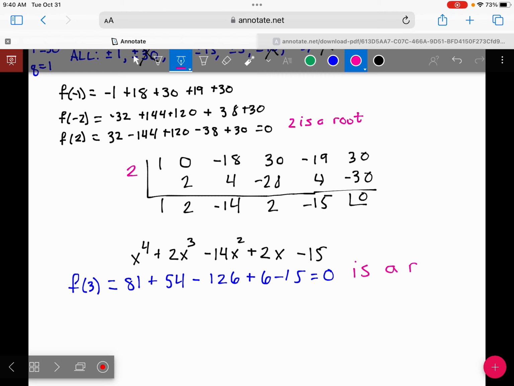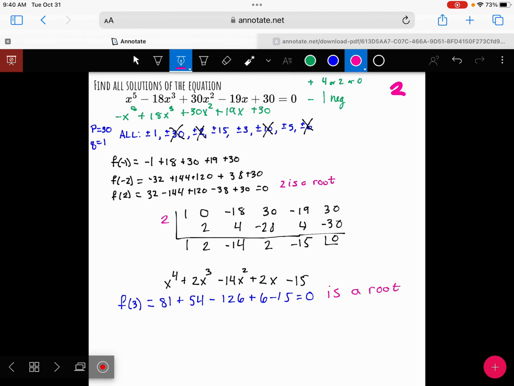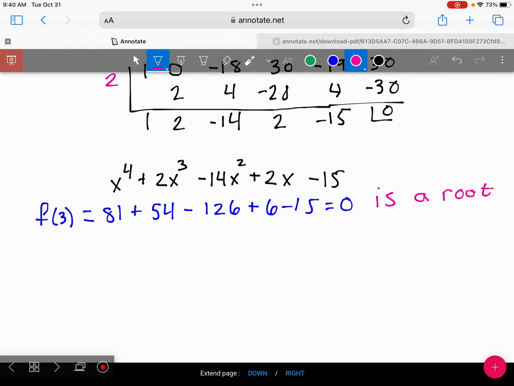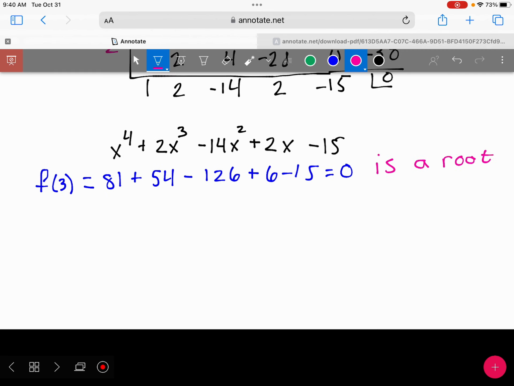So 3 is a root. So I can put that in my list up here. So we need to divide 3 out. So we're going to take our coefficients.